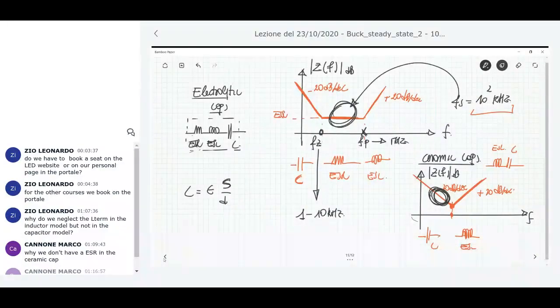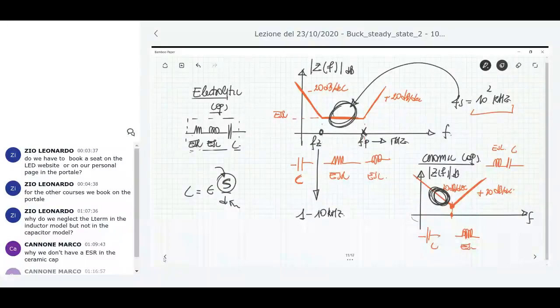In the electrolytic capacitor, this distance cannot be very small because you have to insert a liquid material, the electrolyte. So we have to enlarge S in order to have a large capacitance.